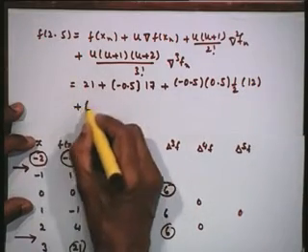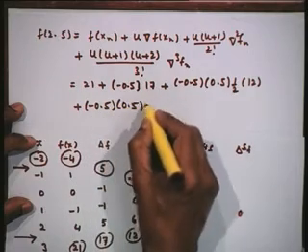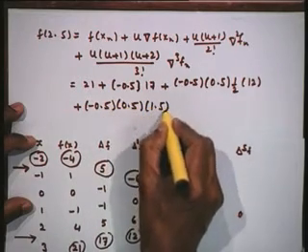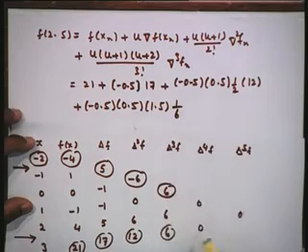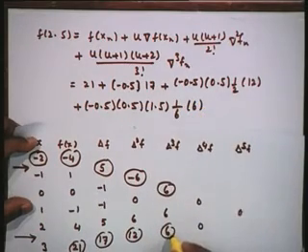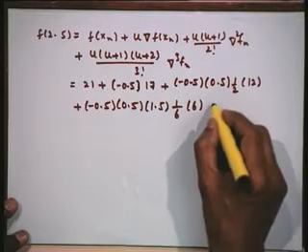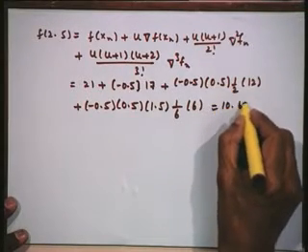Then we write the next term: minus 0.5 into 0.5 into u plus 2, that is 1.5, by factorial 3, and the third difference is 6. Now, we can simplify this and the value comes out to be 10.625.